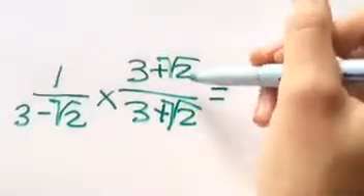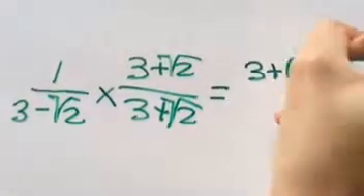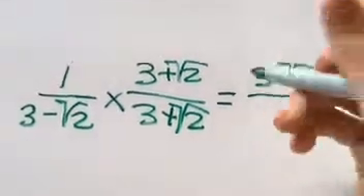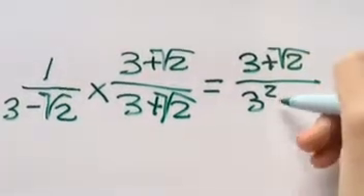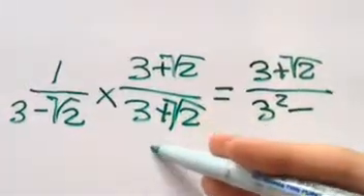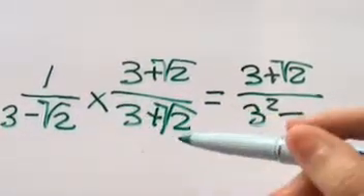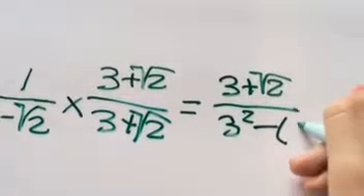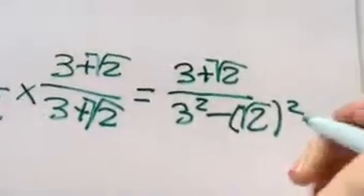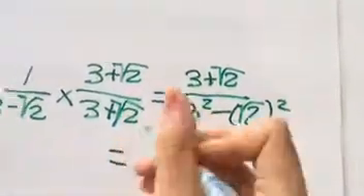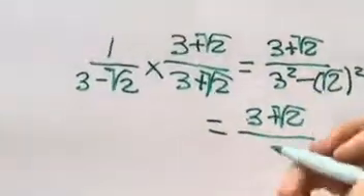1 times 3 plus the square root of 2 equals 3 plus the square root of 2 over 3 squared minus, because a negative and a positive make a negative, the square root of 2 times the square root of 2, so the square root of 2 squared, which equals 3 plus the square root of 2 over 7.